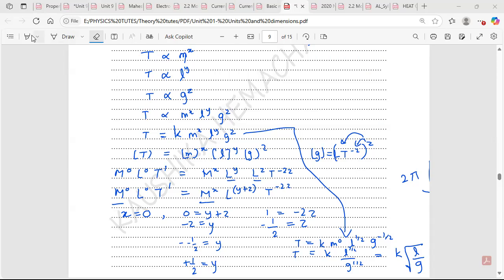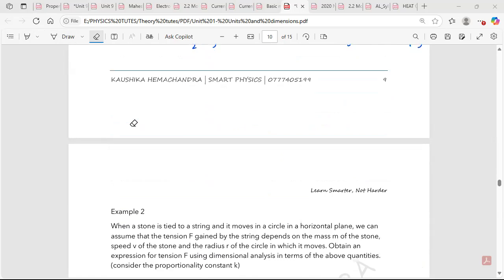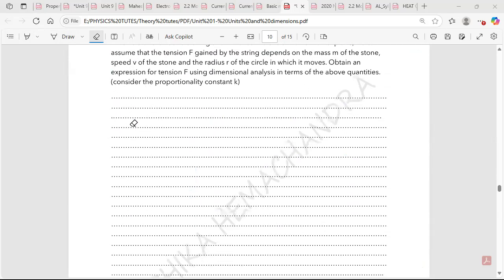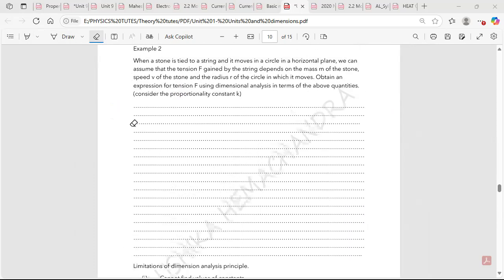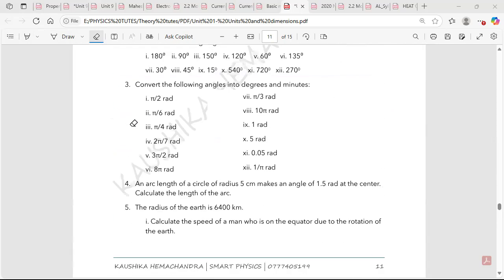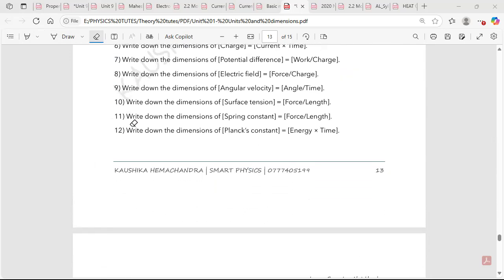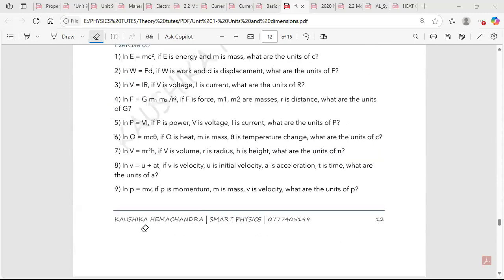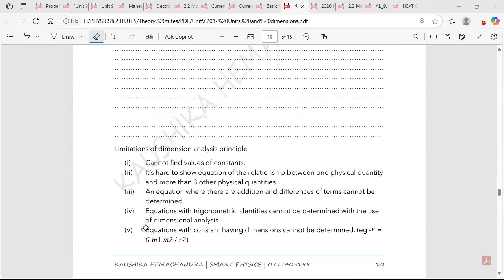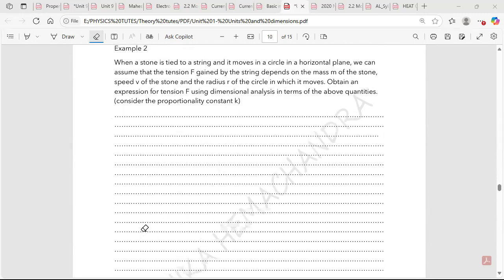Shall we go to the next part then? Try to do this by yourself, then we'll check it. You can do these questions for homework and we'll check them next week. Exercise 5, there are 7 questions. Do this one. When a stone is tied to a string and it is moved in a circle in a horizontal plane, you don't really need to think about what happens here.